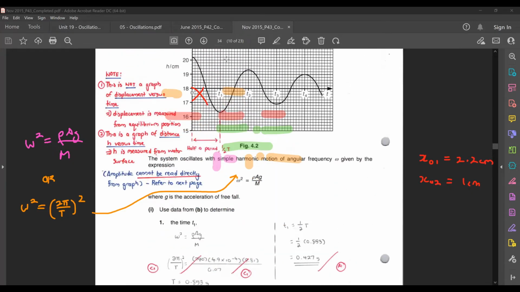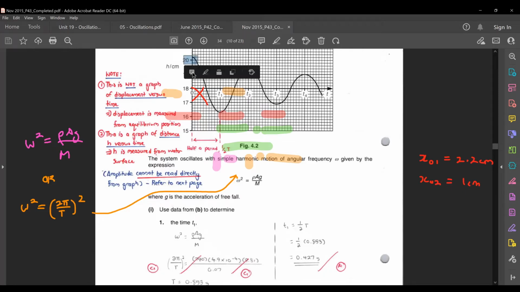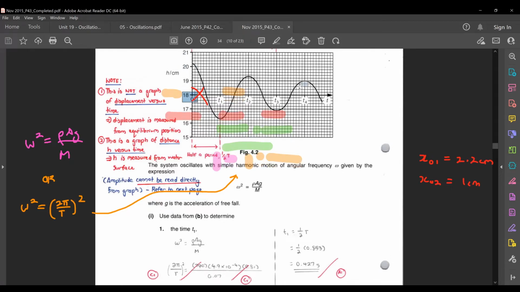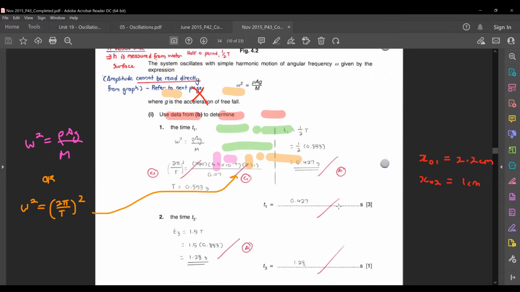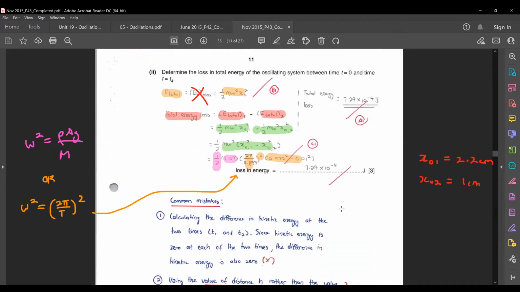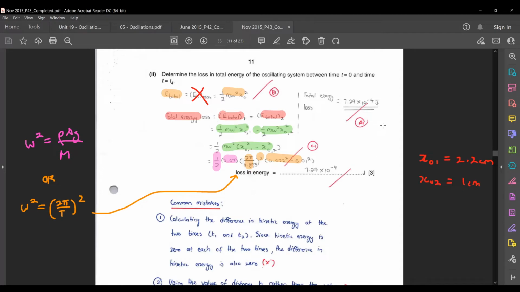So this one is actually 20.2 minus 18. That's why it's 2.2 centimeter. And this one is 19 minus 18. That's why it's 1 centimeter. So change the amplitude values to meter and then square them.